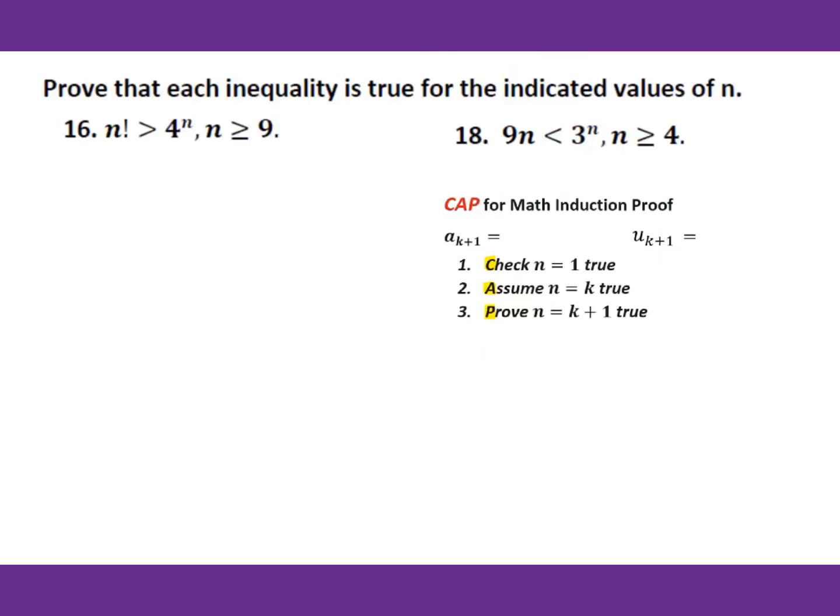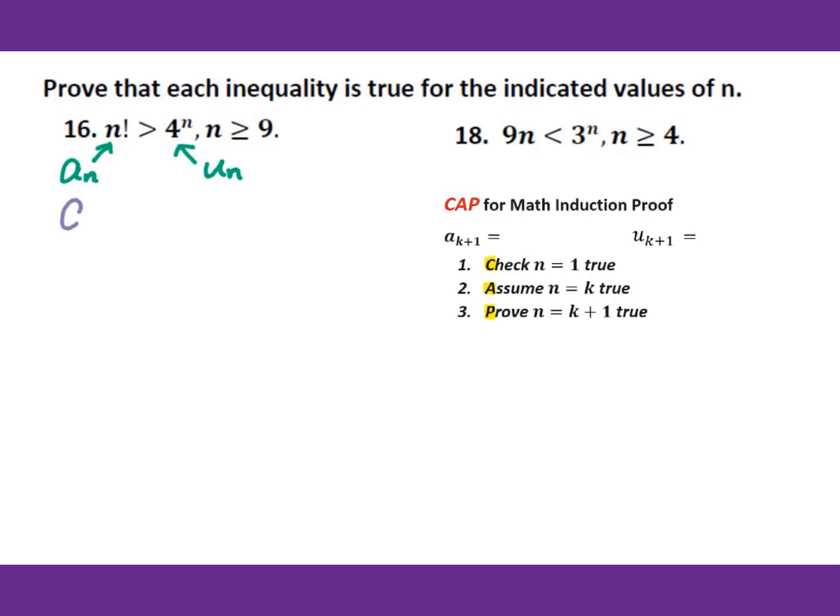For number 16, we want to prove n factorial greater than 4 to the n's power when n greater than or equal to 9. Left side, we assume this is a sub n. On the right side, we assume it's u sub n.